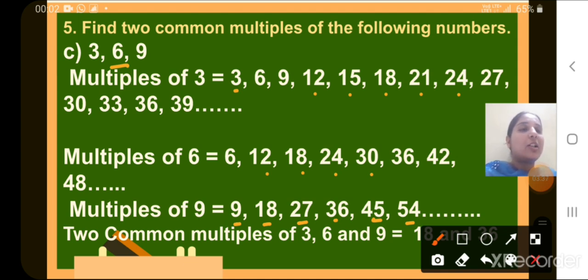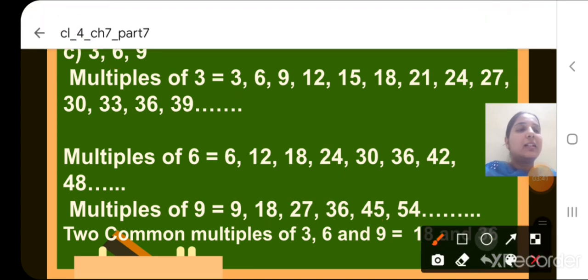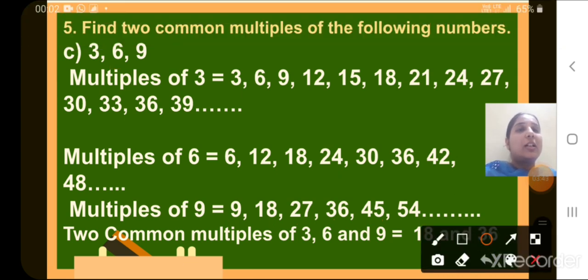So can you find the common multiples here? Yes. So the first common multiple of each of these three numbers is number 18. You can see here 18 is common in all the three numbers.